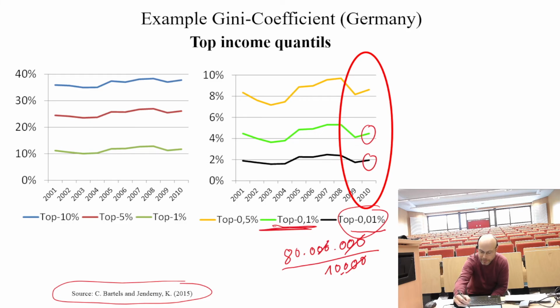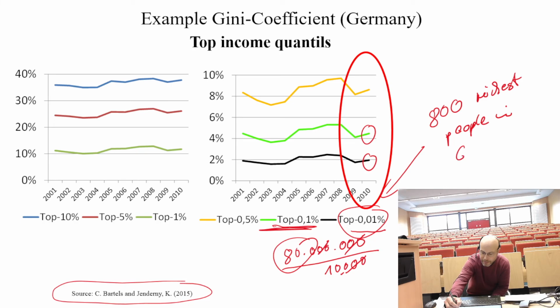These are the 800 richest people in Germany, and what's their share on our total income. So our total income is roughly GDP, 3.5 billion euros. So they have 2% of our total income, total GDP, and these are all our billionaires in Germany.